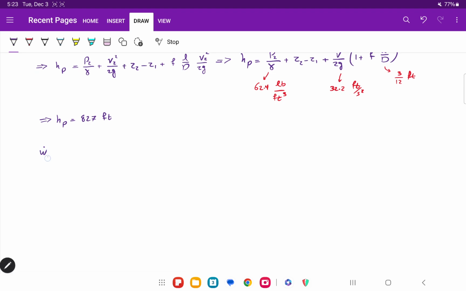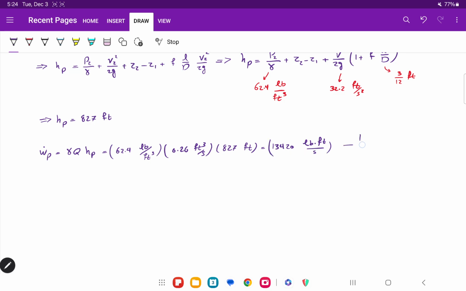But you have to find the net power of the pump. So W dot of the pump equals gamma Q times HP. So gamma is 62.4 pounds per cubic feet, Q is 0.26 cubic feet per second, times 827 feet equals 13,420 pound feet per second.